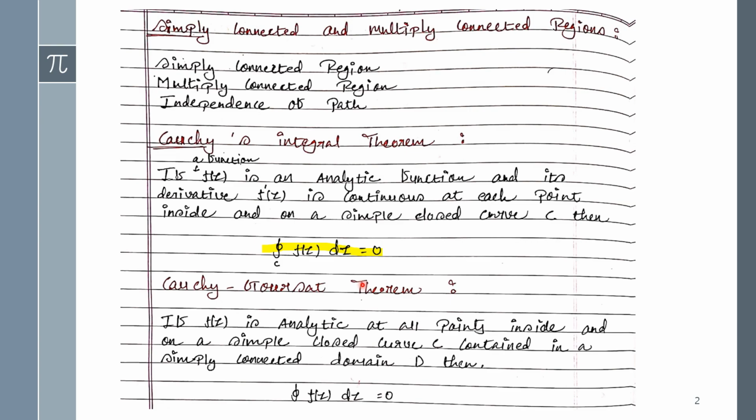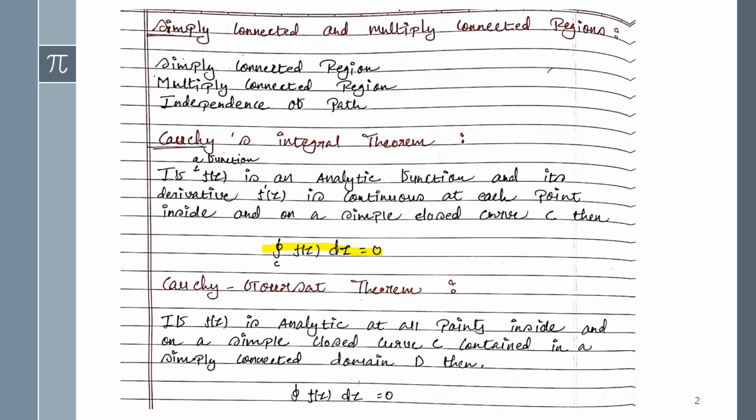So if your boundary is fixed like mod z equals to 2, then it is contained in a simply connected domain D, and again for that particular function the integration of f of z dz equals to 0.